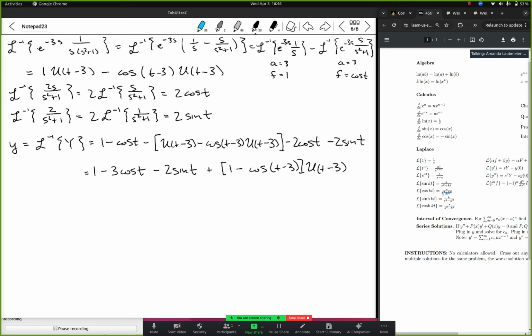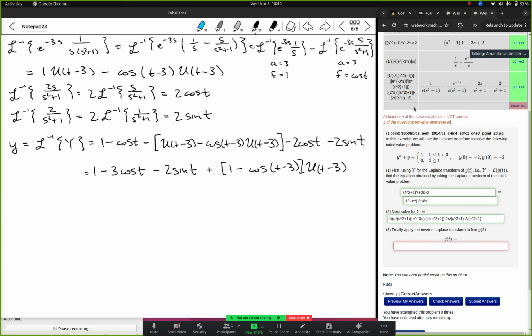You could have also just plugged it in like this and WebWork would take it, but I wanted to simplify it to type a little bit less. And let's see if it came out right. 1 minus cosine of 3t minus 2 sine of t. Already I've started to type things wrong. Minus 3 cosine t is what I should be typing.